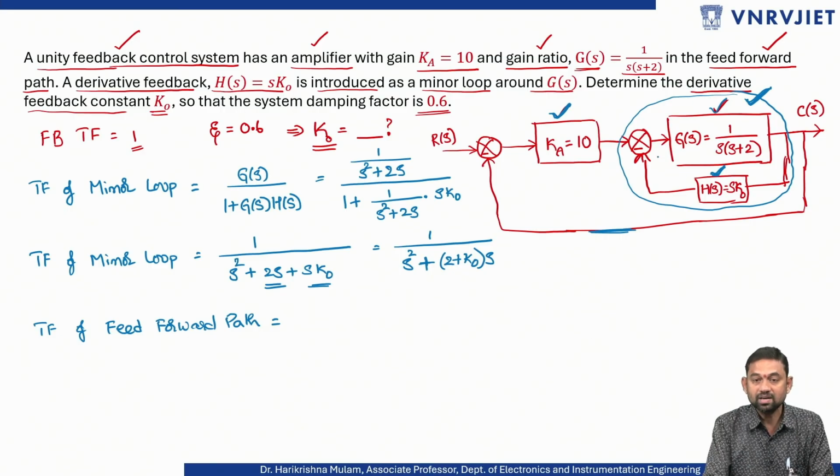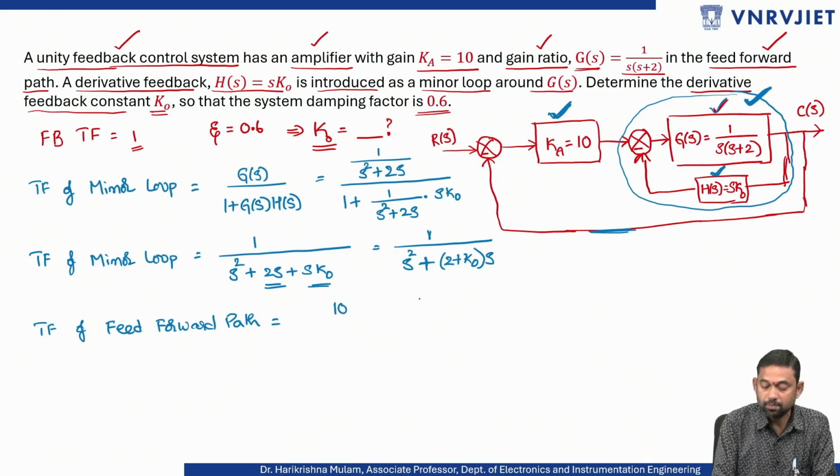The overall transfer function of this forward path will be the multiplication of individual transfer functions. Therefore, 10 into 1 by S square plus 2 plus K0 times S. Therefore, it is 10 by S square plus 2 plus K0 times S.